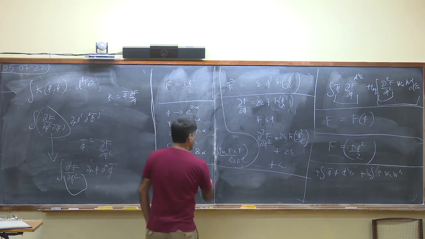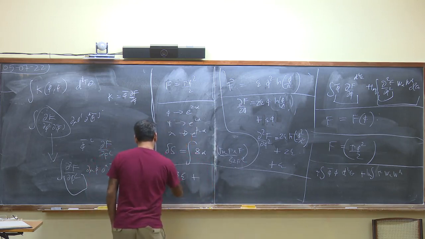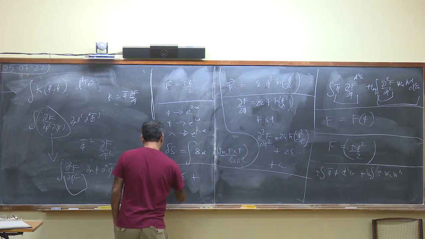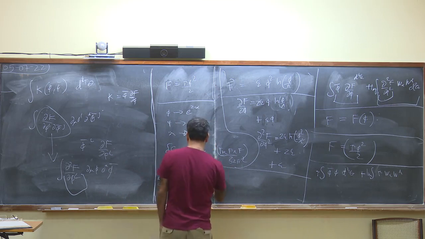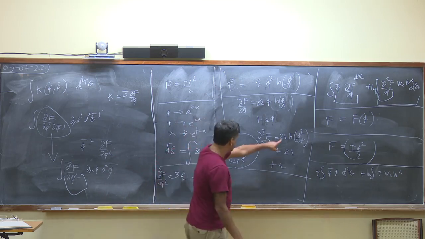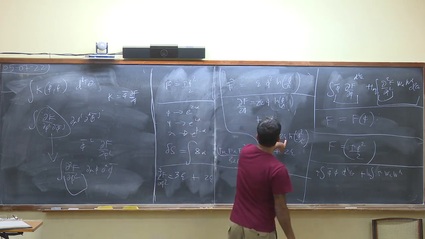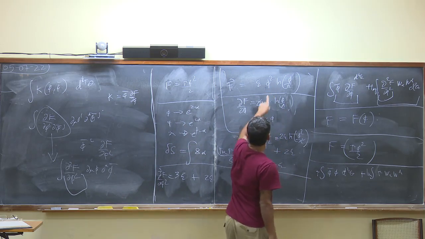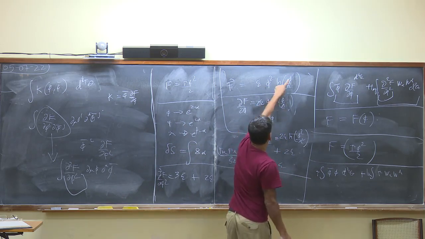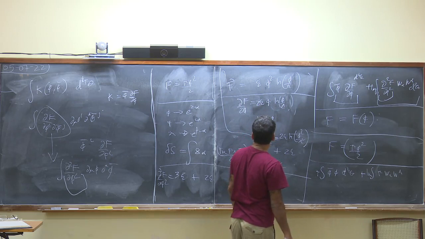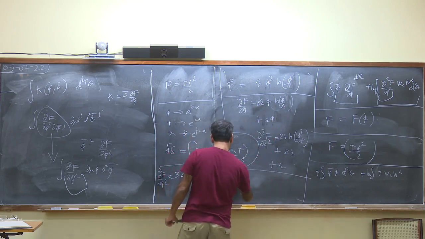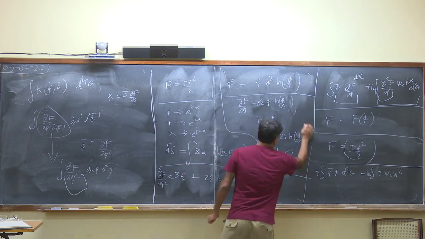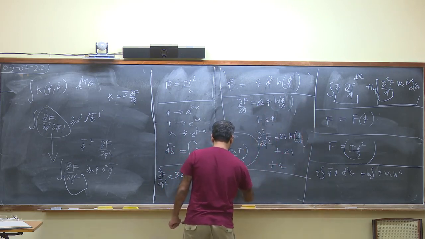So del 2f by del phi square is equal to 3 zeta plus 2 zeta log of phi by lambda. Phi square here; here there's just phi.